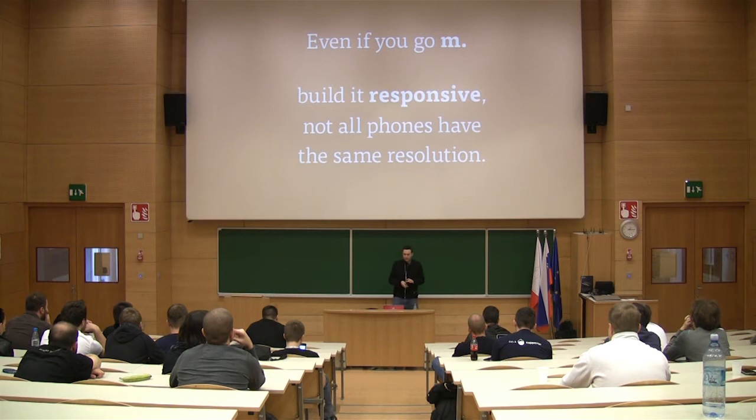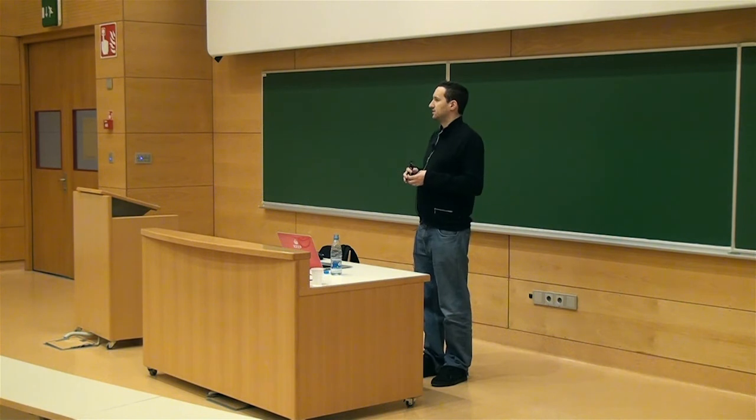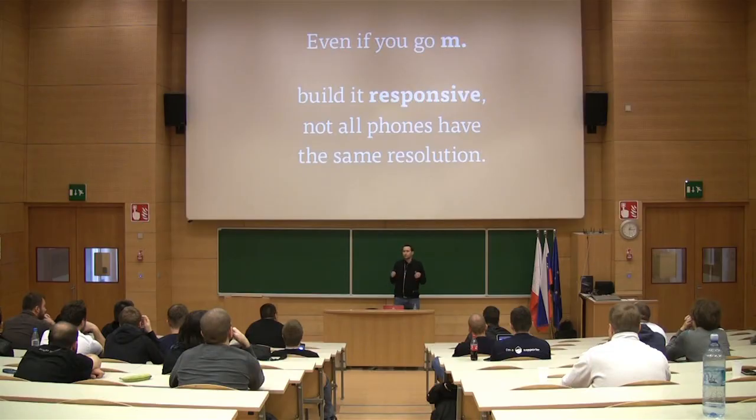But even if you go m dot, build it responsive. Not all phones have the same resolution. So you might be doing a thing for, say, anybody who has a Samsung Galaxy S4. Anybody know what the width of the browser is? Because it's now full HD, right?